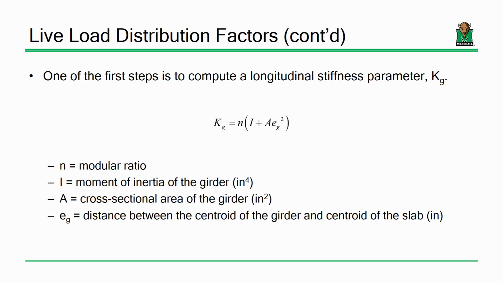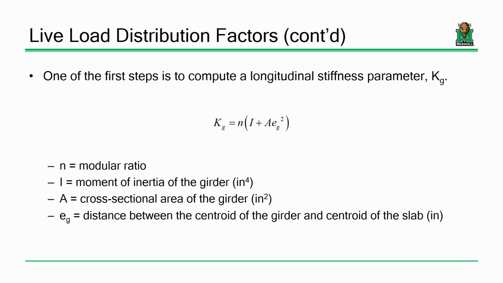Basically this is trying to take into account the stiffness of the section associated with the bridge. So Kg is a function of the modular ratio. This is a way of trying to take steel superstructures versus concrete superstructures out of the equation. Because if you were dealing with a concrete slab and a concrete beam, the modular ratio would be 1 and everything would sort of be washed out.